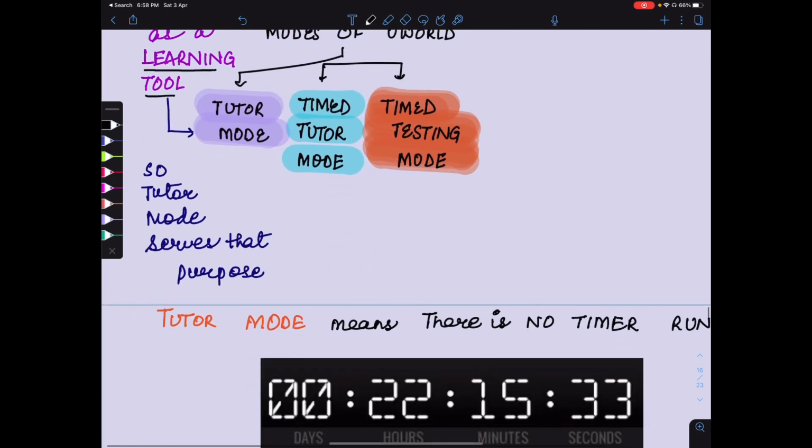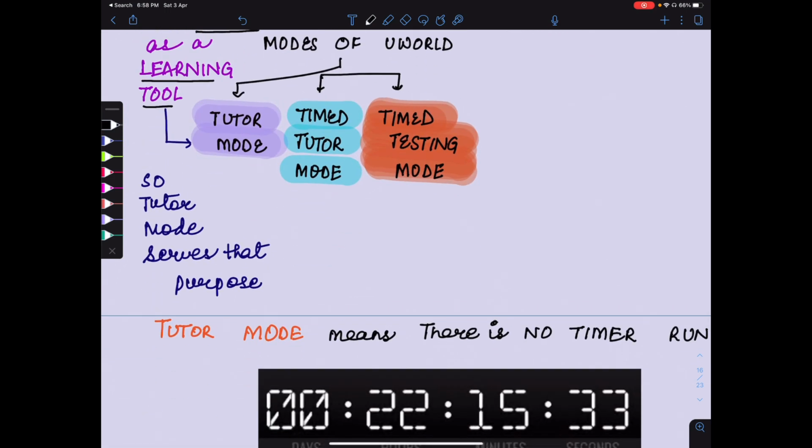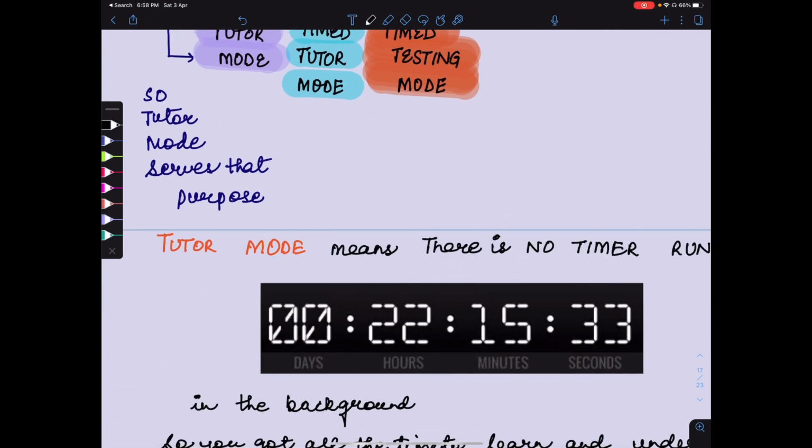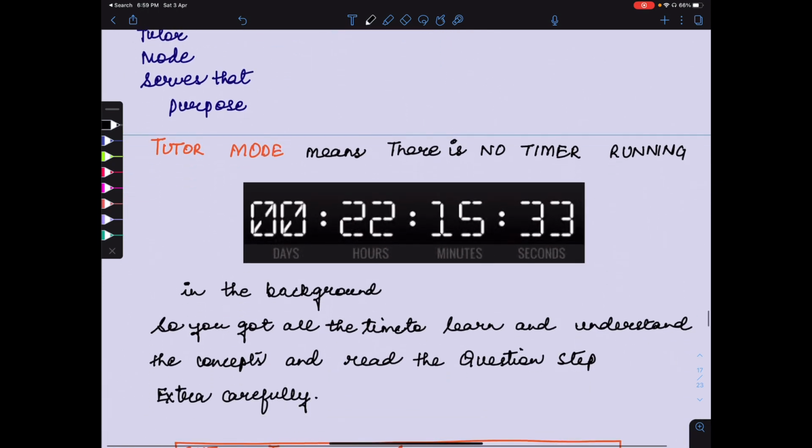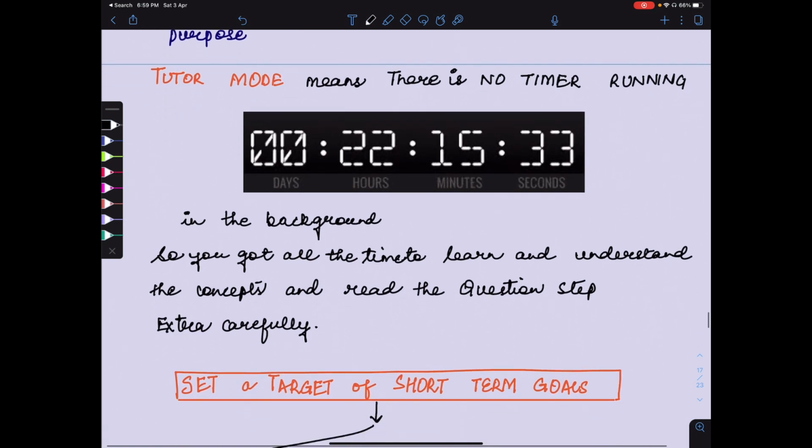And these modes also I explained to you: tutor mode, timed tutor mode, and timed testing mode. So the tutor mode will serve the purpose for the first and the second reading. The tutor mode means that there is no timer running in the background. Alright, so you get all the time to learn and understand the concepts and read the question stem very carefully.